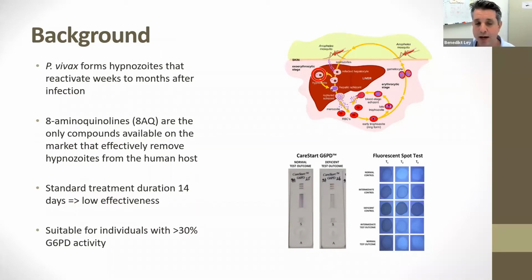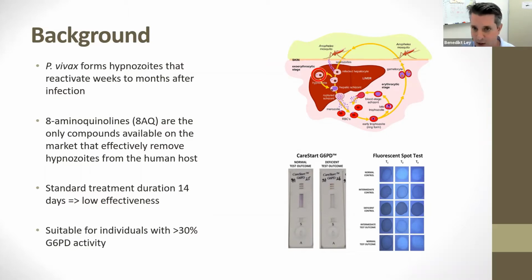Primaquine is the most widely used 8-aminoquinoline and is given over the course of 14 days in individuals with more than 30% G6PD activity. There are a number of qualitative bedside diagnostics on the market that can discriminate at the 30% threshold. The most prominent one is probably the fluorescent spot test, and you can see an example of the result on the right-hand side in the slide.